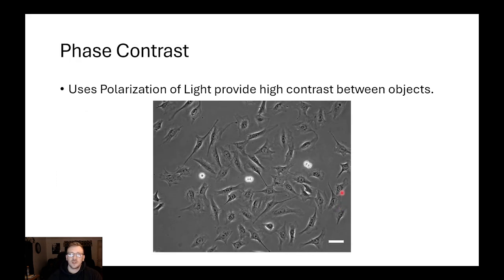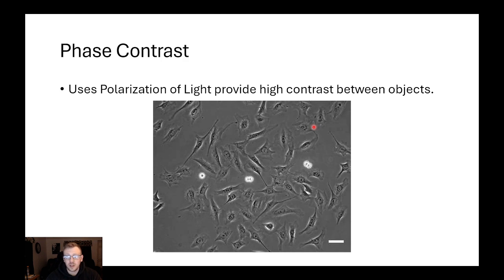Okay, so the first major technique that is used is called phase contrast microscopy. What this does is use polarization of light by sending your white light source through a slit. In most modern microscopes, it's a phase contrast ring, which is a series of slits.